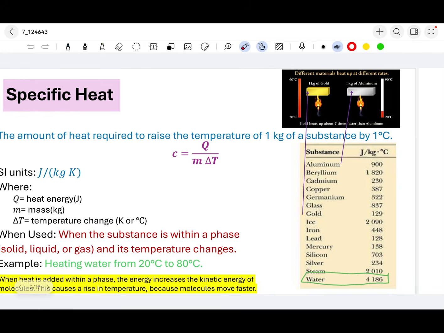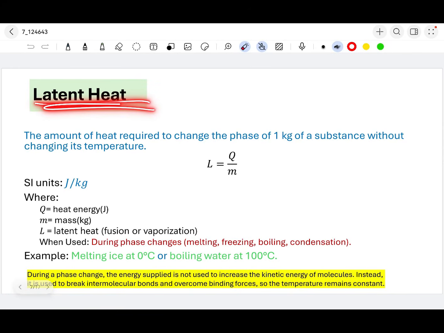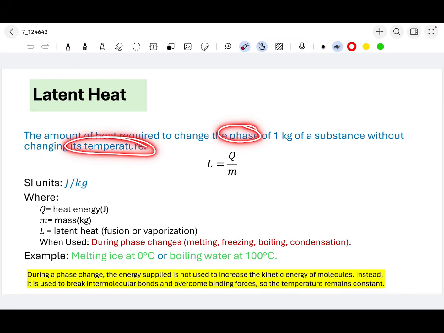That is the specific heat. Now another topic, latent heat. Latent heat means the amount of heat energy supplied to a substance to change the phase of 1 kilogram of the substance without changing its temperature. Here the change is in the phase and there is no change in the temperature. So that is called the latent heat.